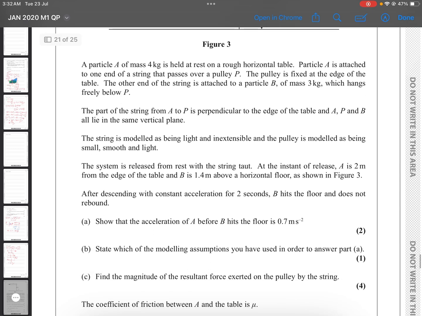The system is released from rest with the string taut. At the instant of release, A is 2 meters from the edge of the table and B is 1.4 meters above a horizontal floor as shown in figure 3. After descending with constant acceleration for 2 seconds, B hits the floor and does not rebound.